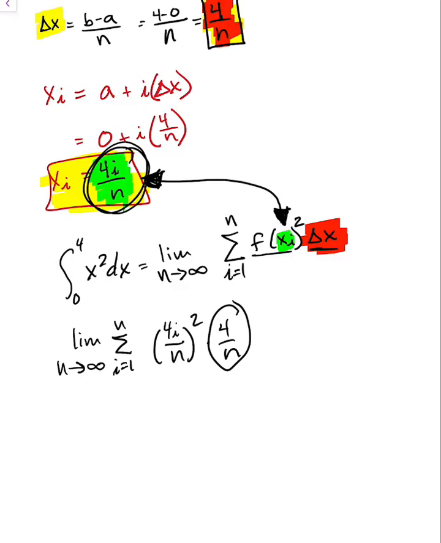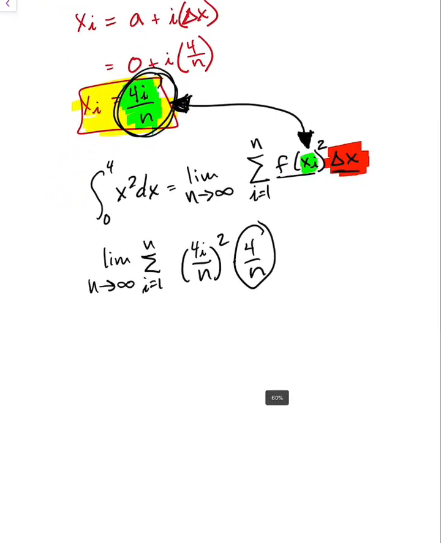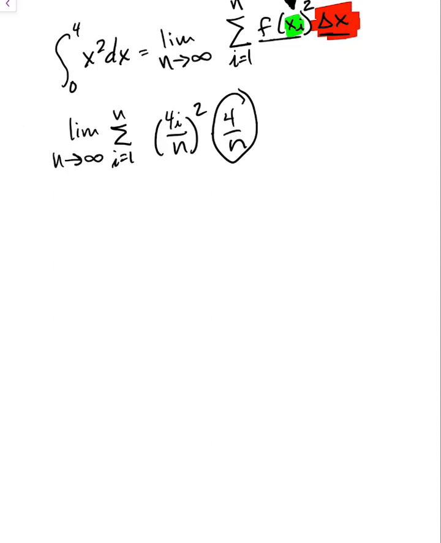The goal of what I'm doing here is that I want to essentially isolate my i. So I want to move everything I can off to the side as much as possible. And right now, the first thing that I see that I can take off to the side is my 4 over n, and I can turn that into a coefficient. So it'll end up looking something like this.